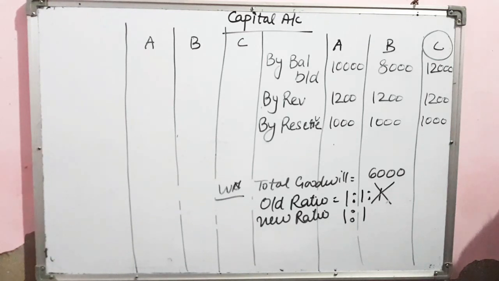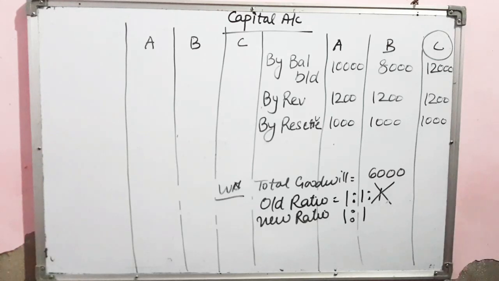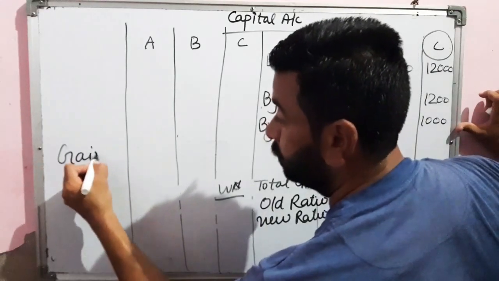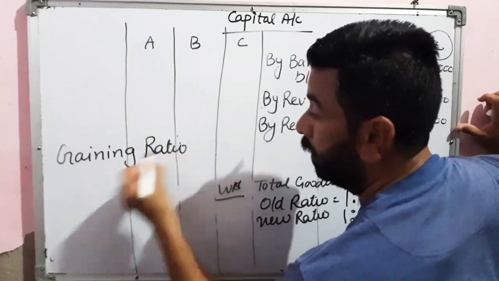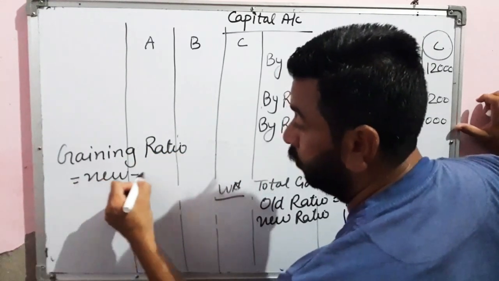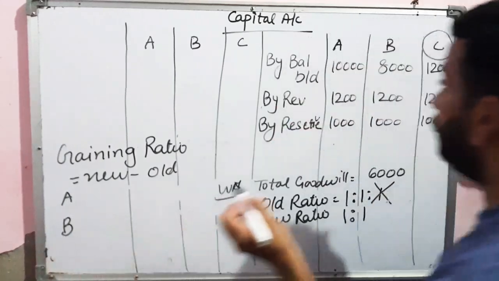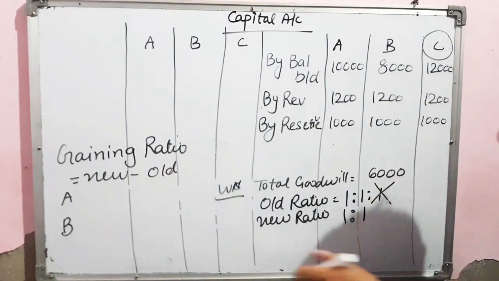Now we will calculate the gaining ratio. The gaining ratio's formula is new share minus old share. So gaining ratio, new minus old, for A and B. There will be no gaining ratio of C because C is the retiring partner.